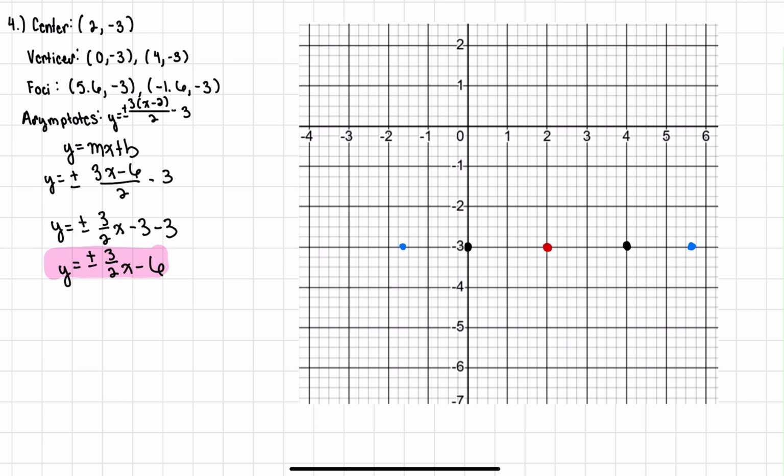Let's try to make as straight of a line as possible, going from -6 through the center all the way up. Not the best line. Now let's go from the opposite direction. We would go from the center to the left 2 and then up 3, so we would cross at 0.